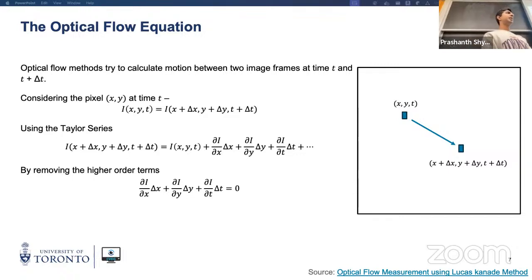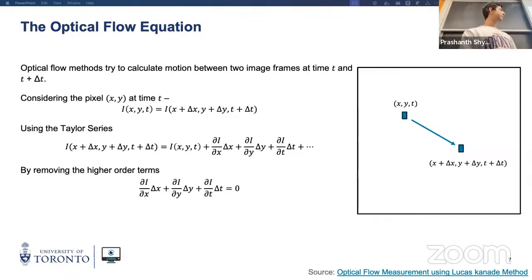Now, using the Taylor series to approximate that function, we get the first term, then second order terms, and then the higher order terms. And by removing the higher order terms, since they're very small, and we know that the intensity of x, y, t is the same as the intensity of the moved pixel, we get that equation.